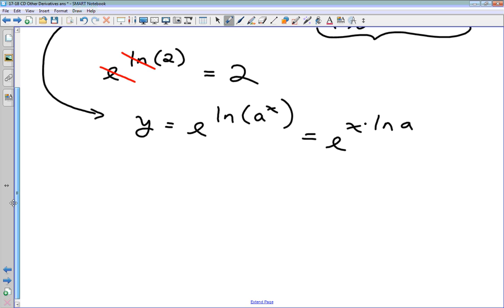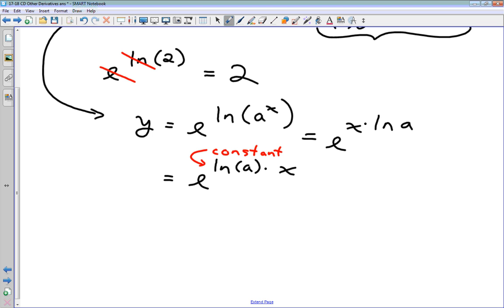Or even better, I can write it as e to the ln a times x. Because remember, a is just some number, so ln a is just a constant. Okay? Ln a.